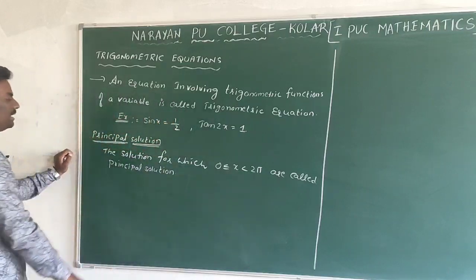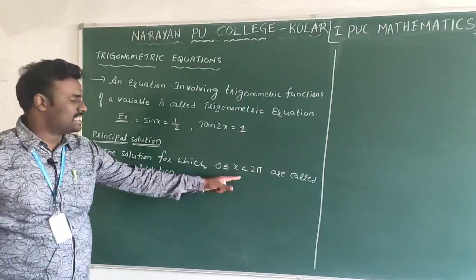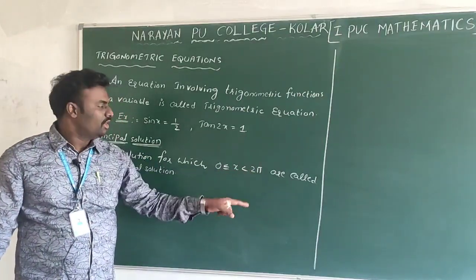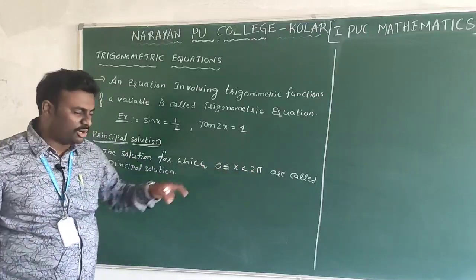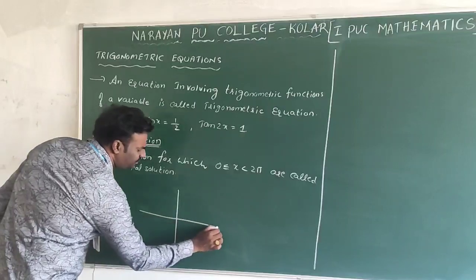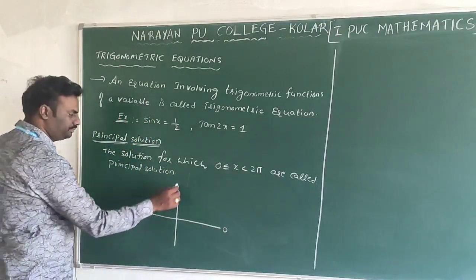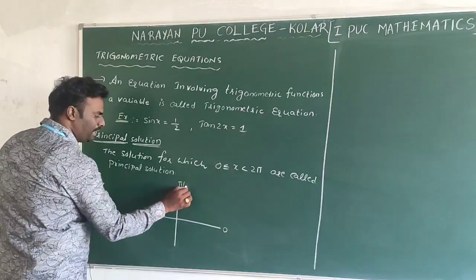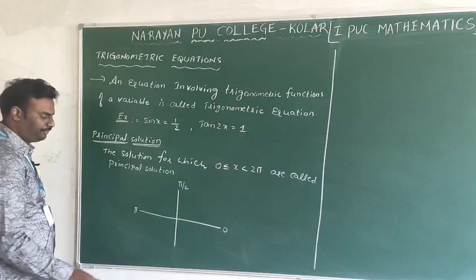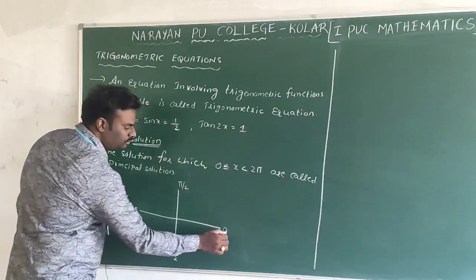But in this principal solution, the value of x compulsorily satisfies 0 less than or equal to x less than 2 pi. Why is 2 pi not included here? Because in the ASTC rule, you start with 0, pi by 2, pi, 3 pi by 2, 2 pi.